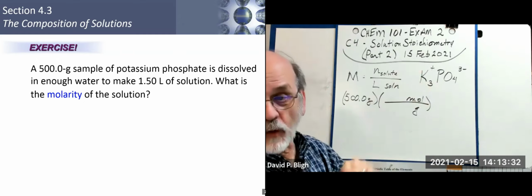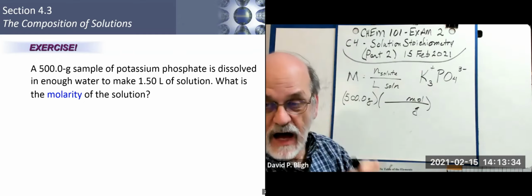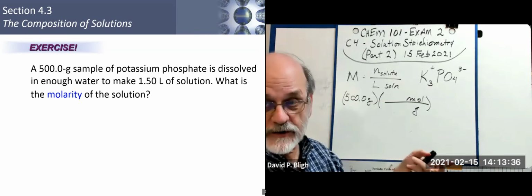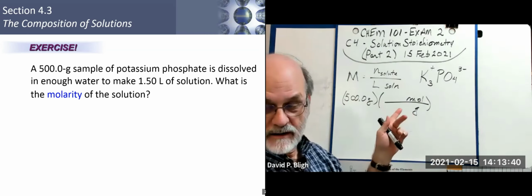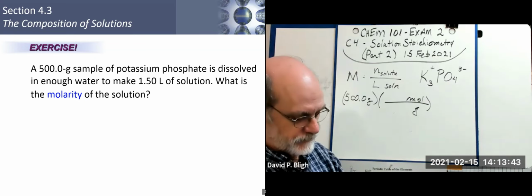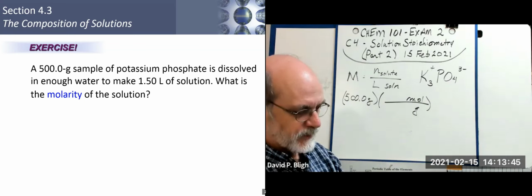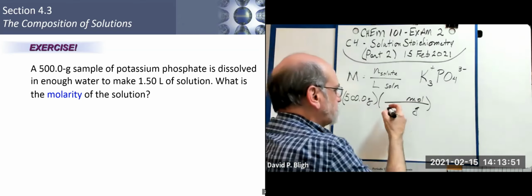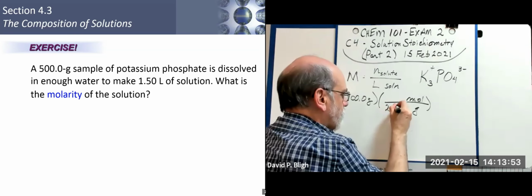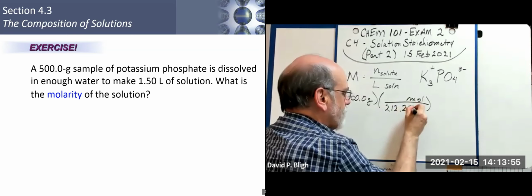Just 1 of them. Now 4 oxygens. Oxygen is 16, rounded off to 2 decimal places, 16.00, times 4, which is 64. 212.27 grams per mole.